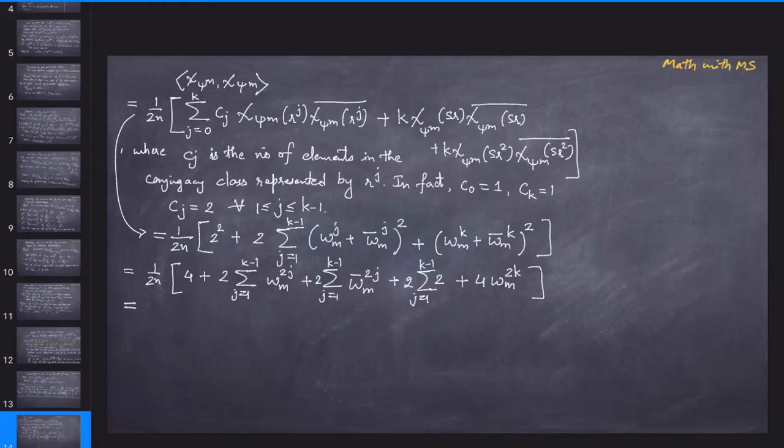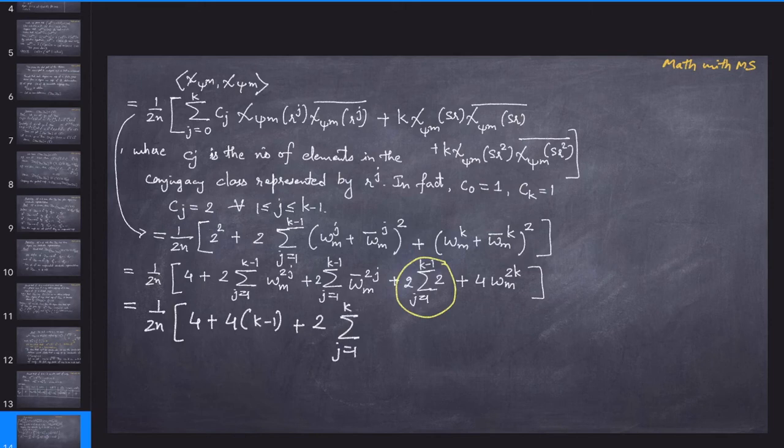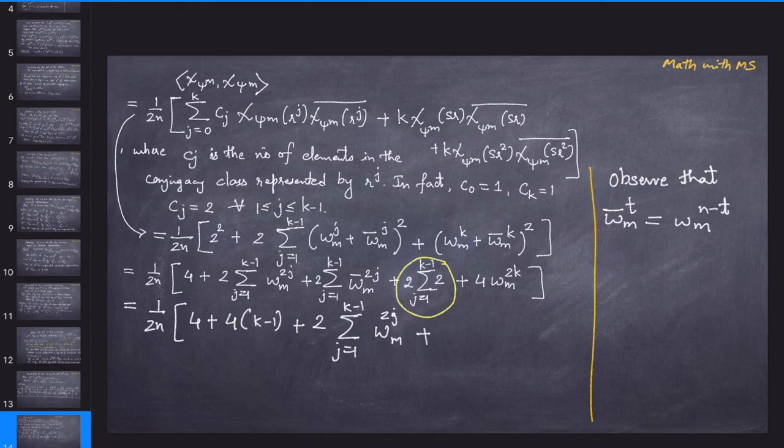Let us simplify it further. So this is the same as 1 by 2n, 4 plus, consider this circled expression and bring it here, this becomes 4 times k minus 1 plus then 2 times summation j from 1 to k minus 1 of omega m to the power 2j, plus observe that since omega m is the nth root of unity, omega m bar to the power t is the same as omega m to the power n minus t, for each t bigger than or equal to 1 and less than or equal to k.